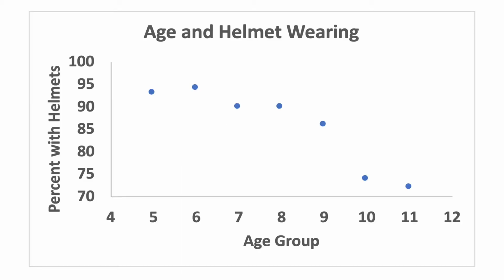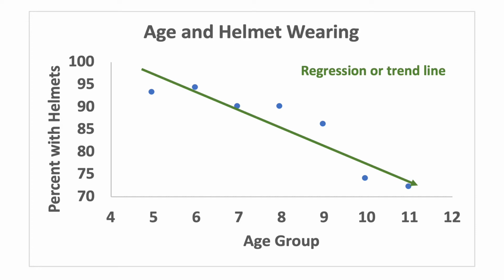When we looked at the age of elementary school students and the percentage of them who were wearing helmets for riding their bikes, we found that the older students didn't wear their helmets as much as the younger students. And we found a regression or trend line, whereas the kids got older, a smaller percentage of them wore their helmets.